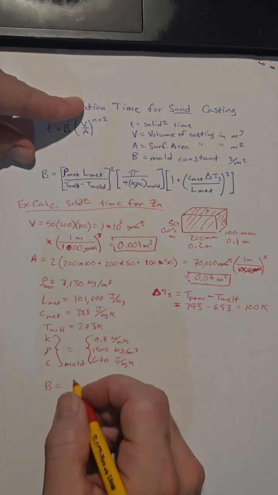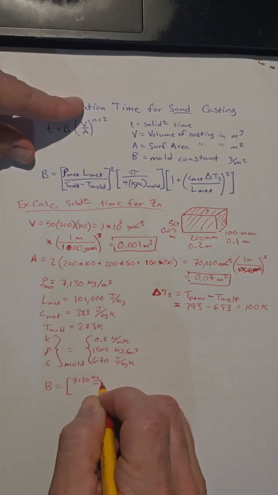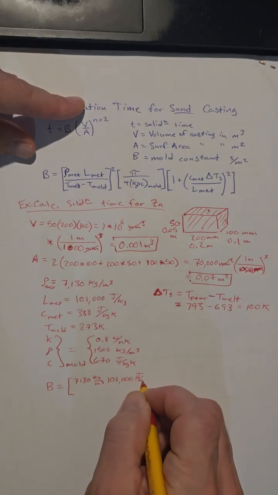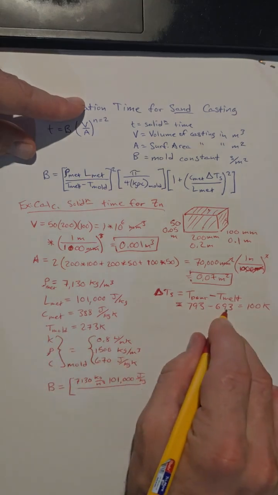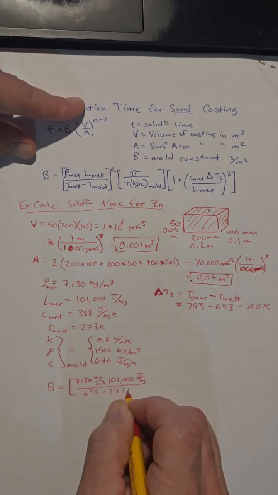Let's take a look. So B equals 7,130 kilograms per meter cubed times 101,000 joules per kilogram, over the mold temperature, which was 273, and the melting temperature, which was 693, so 693 minus 273 Kelvin.